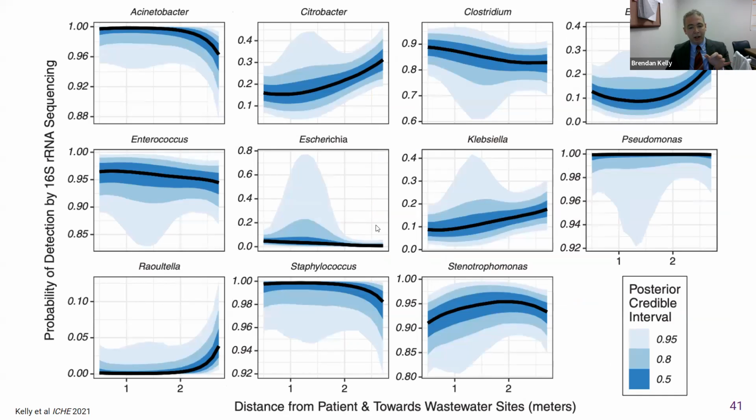What I just want to point out is that the patterns in culturable MDROs actually run counter to 16S bacterial DNA deposition. So staph, you remember, was more likely near the patient and then fell away towards the bathroom, and Pseudomonas was more likely near the bathroom and fell away towards the patient. But what you see is if you swab the floor, if you swab the bedside, if you swab the toilet, you find in every swab staph bacterial DNA, and likewise you find in every swab Pseudomonas bacterial DNA.